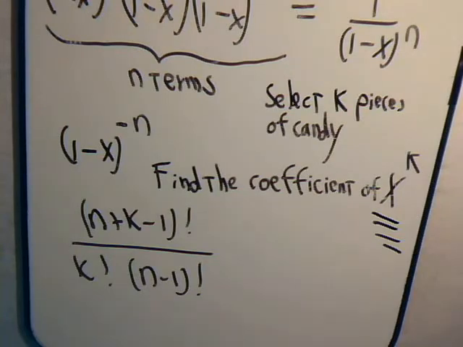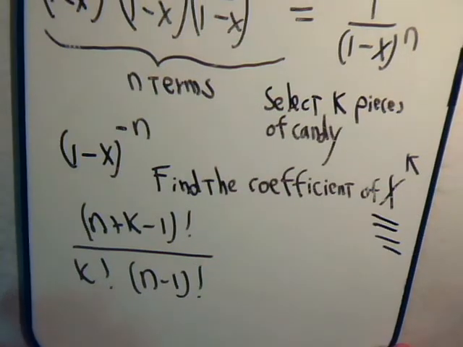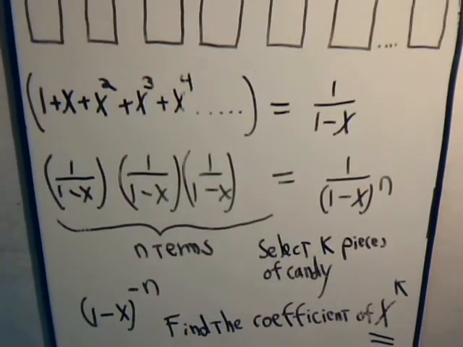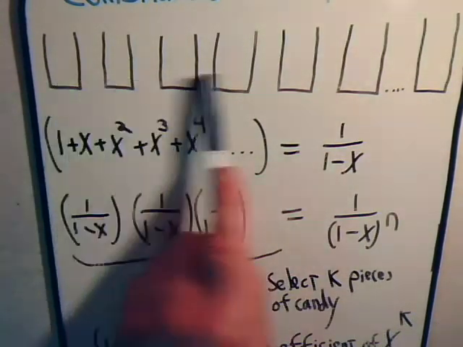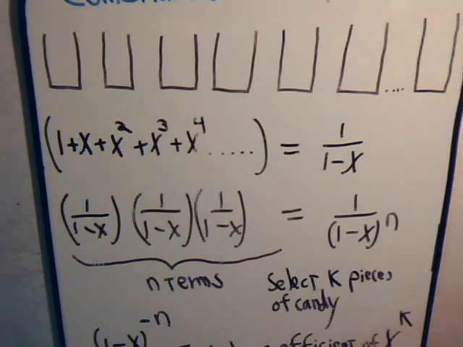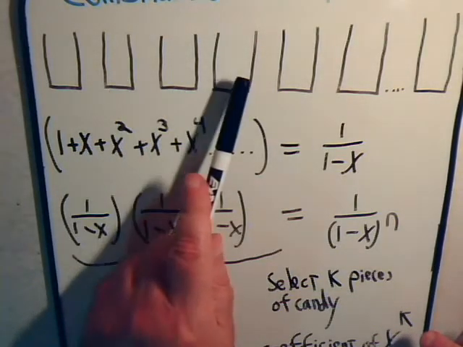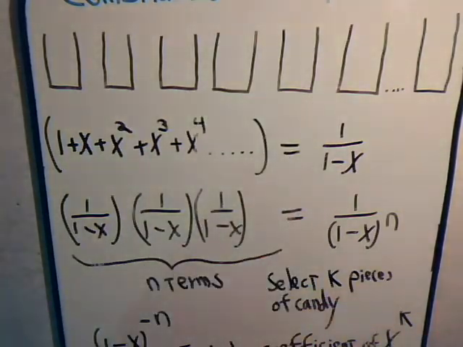So this same problem, when we're considering, say, crates of candy, and you can select 10 pieces of candy with repetition, you can take 2 from here and 3 from here and so forth. There are no restrictions.